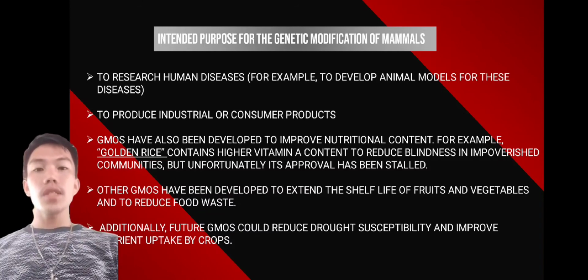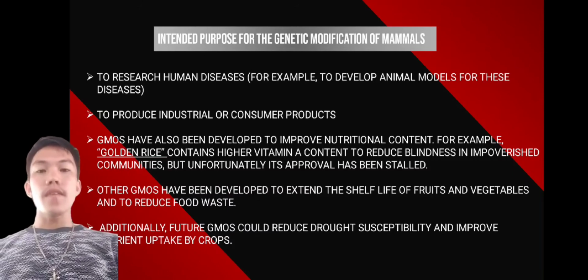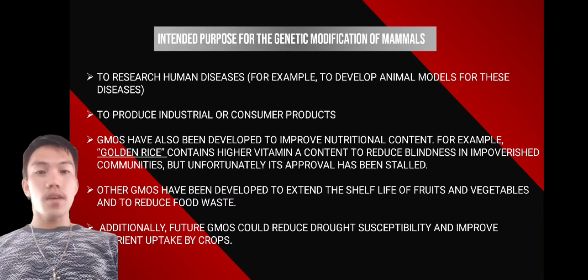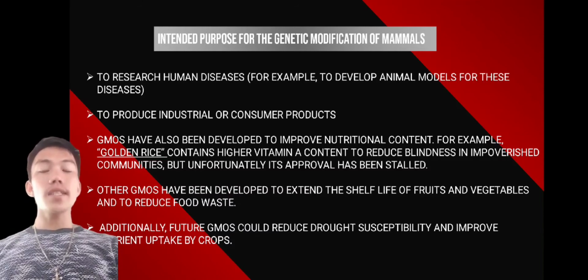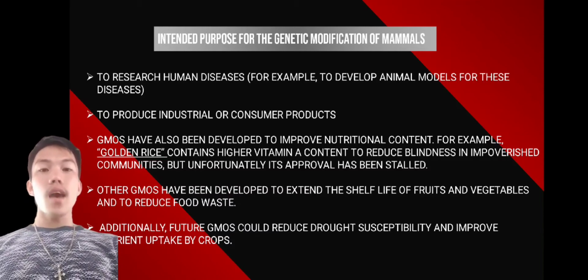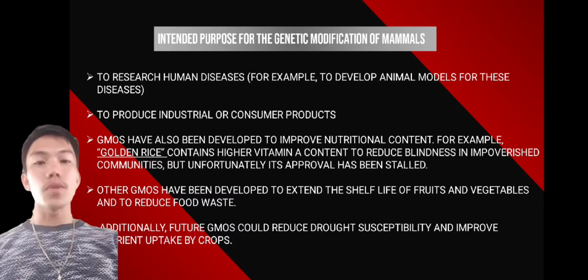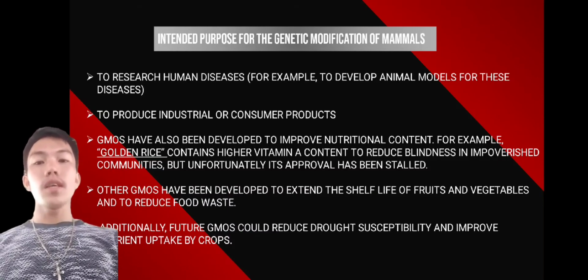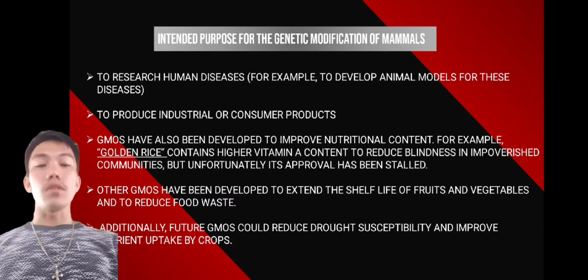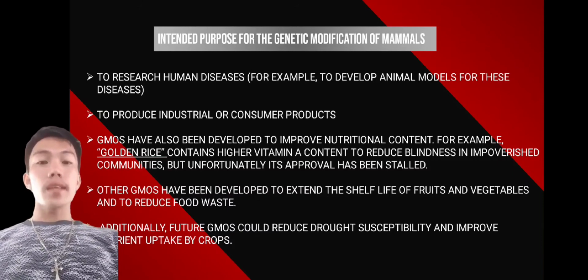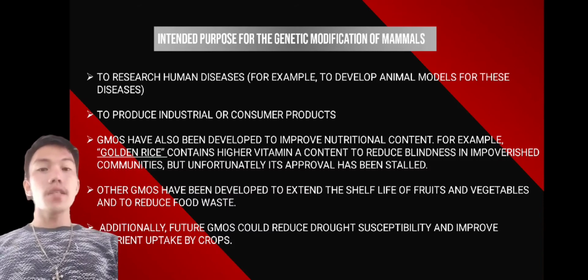GMOs have also been developed to improve nutritional content. For example, golden rice contains higher vitamin A content to reduce blindness in impoverished communities, but unfortunately, its approval has been stalled.